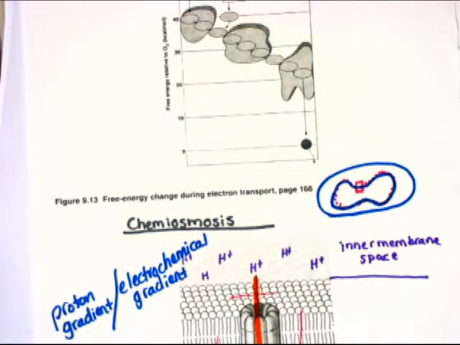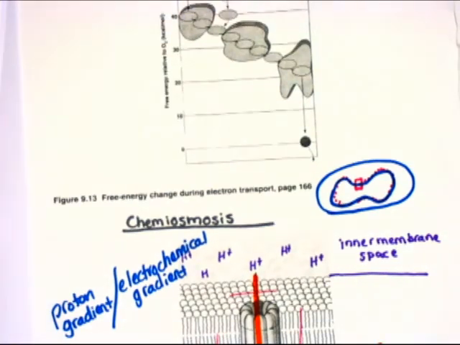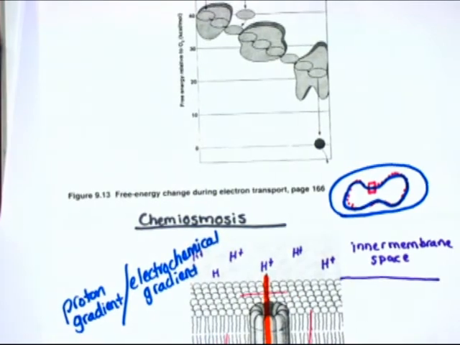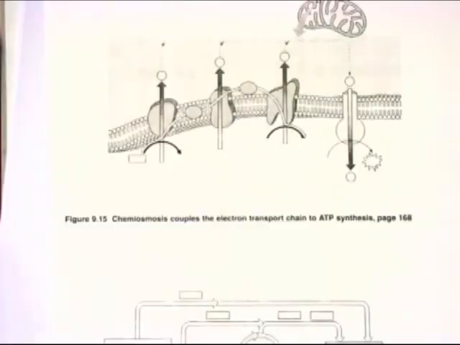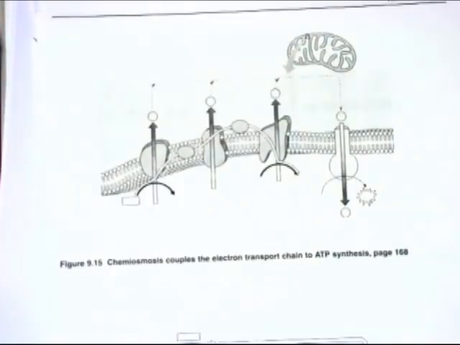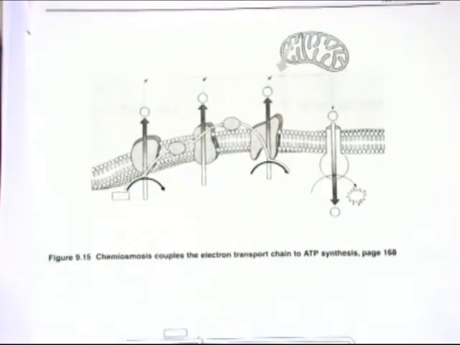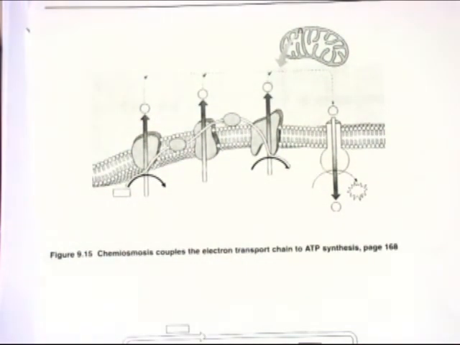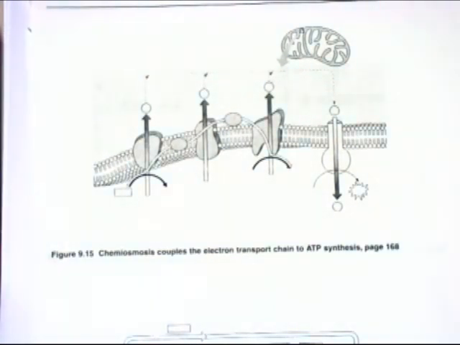What does osmosis mean? To move. Chemi, moving of chemicals. Okay. Let's look at this drawing. If I was to give this drawing a title, what would I title it, do you suspect?